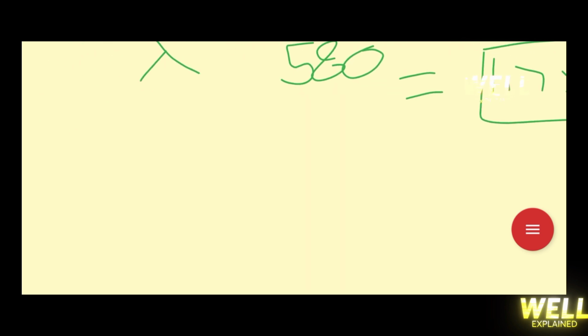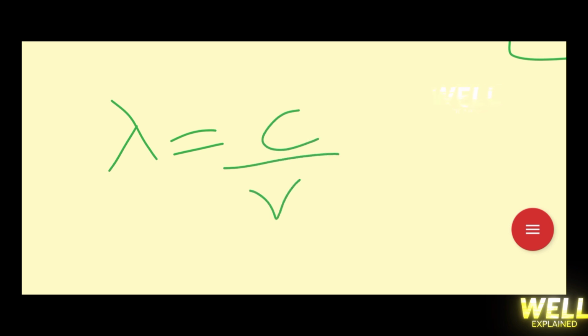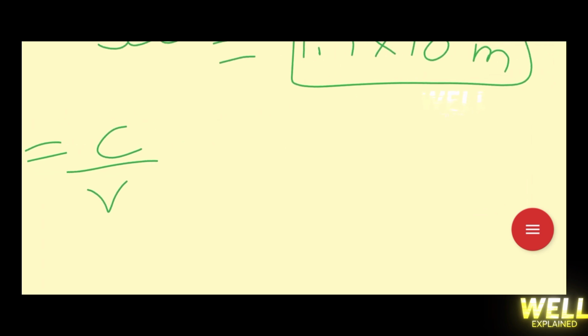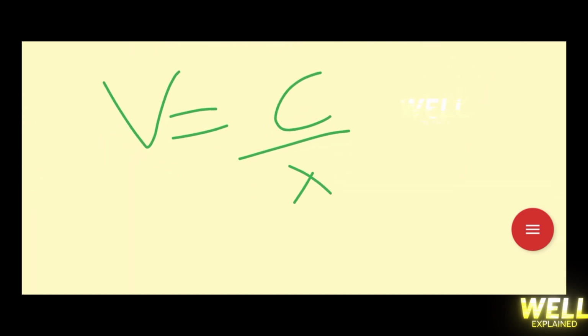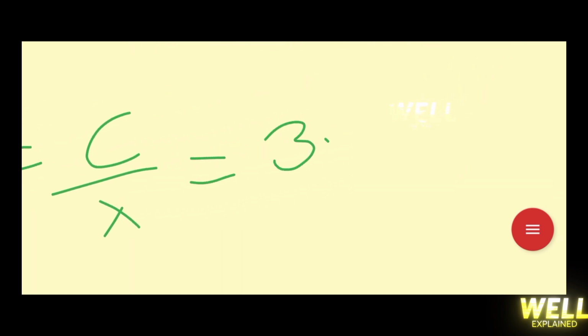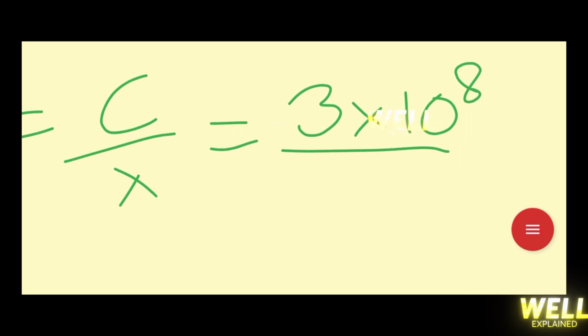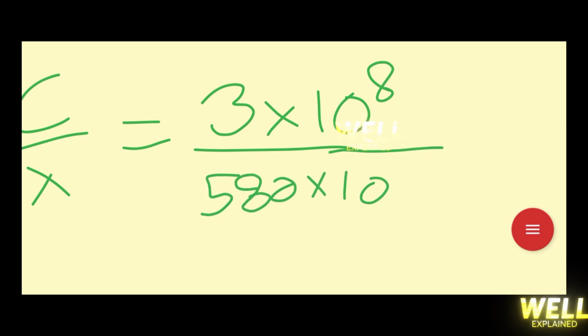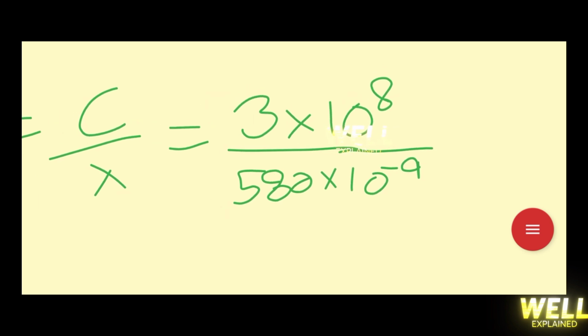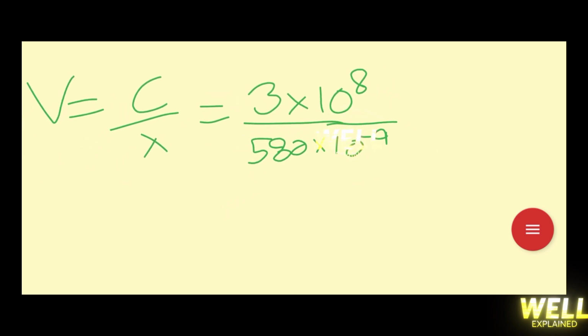Now we know that lambda equals c divided by nu. Lambda we have been given, nu we have to find out. So nu will be equal to c divided by lambda, which is equal to 3 into 10 to the power 8 divided by lambda. I will be taking it 580 into 10 to the power minus 9.